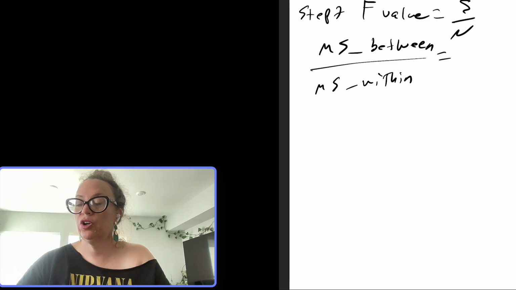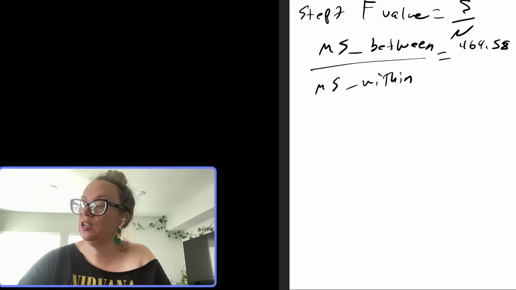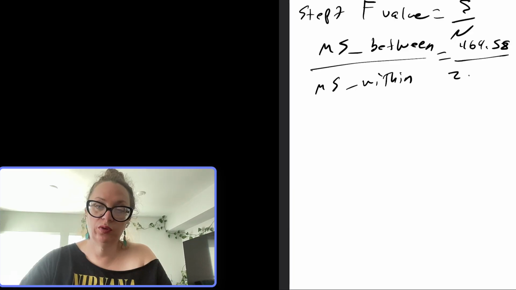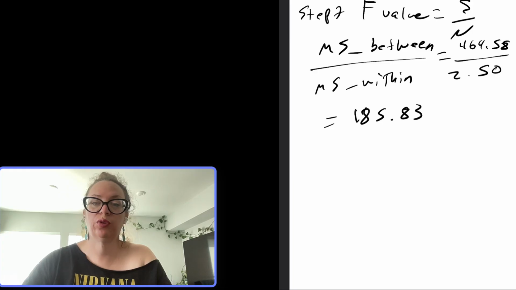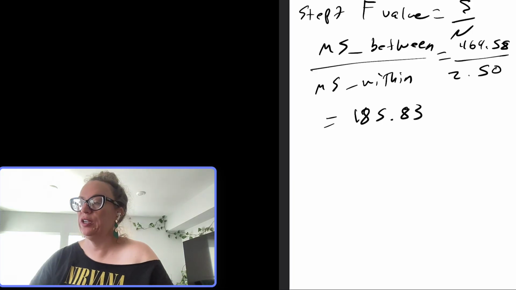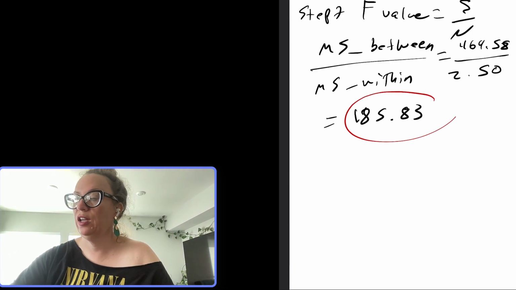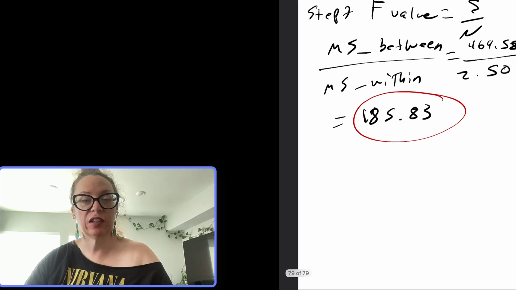We know the between was 464.58 and the mean of squares within was 2.5. So that equals 185.83. 185.83 is our F value, which, like we suspected, is enormous.